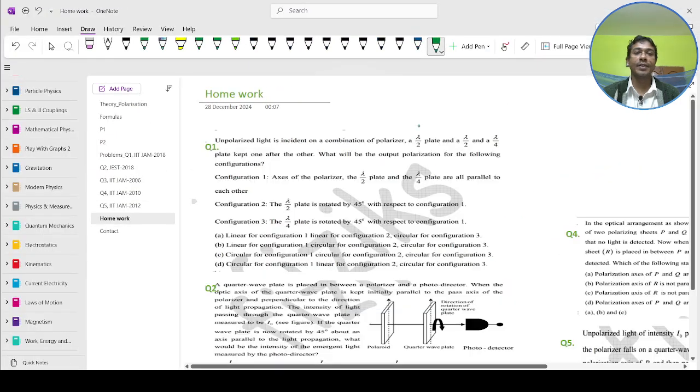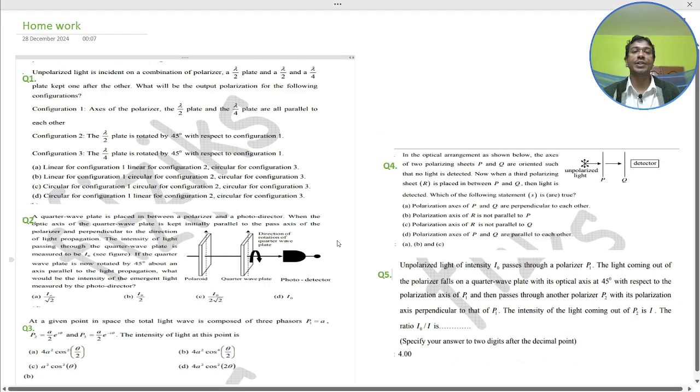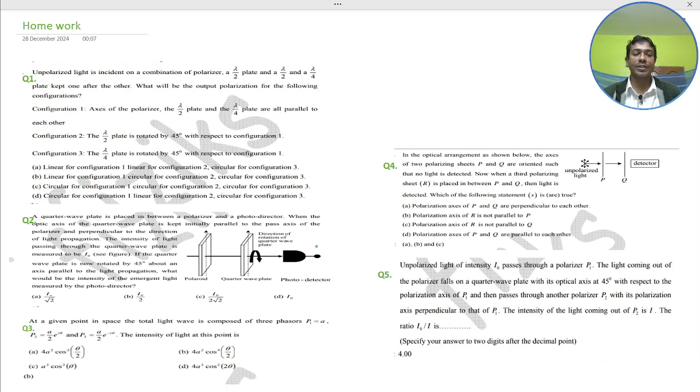So we just covered here the 5 important questions from the IIT JAM, and after solving these 5 questions, you should go through all of the questions on Polarization of Light from the IIT JAM. Now for better practice and understanding, we give you another 5 important questions for your practice.